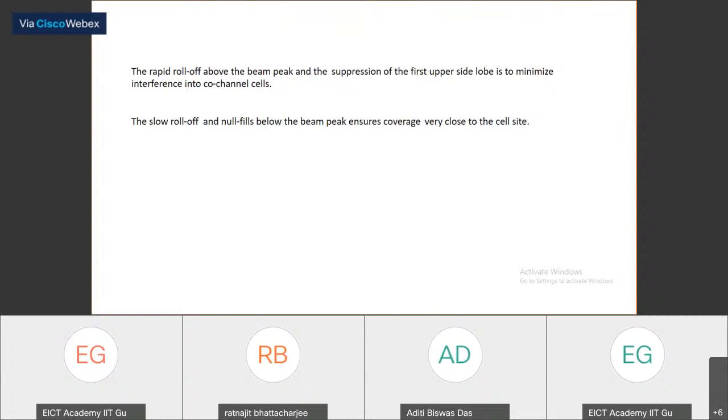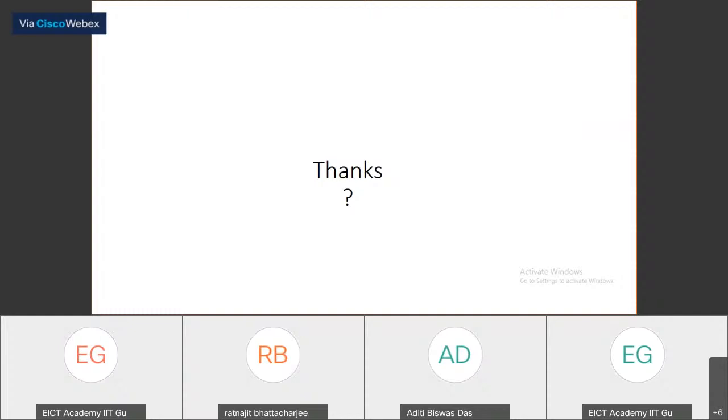Now, these are some of the design considerations that are usually taken up when designing base station antennas. I think I've covered all the major issues, and thank you for attending this session. I can take up a few quick questions if there are any.